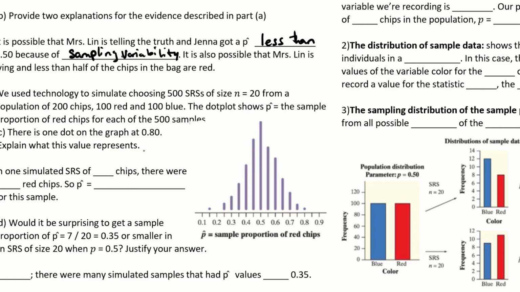It is also possible that Mrs. Lin is lying and that there are actually less than half of the chips that are red in the bag. Okay, so those are our 2 possibilities. We want to see which one is which.